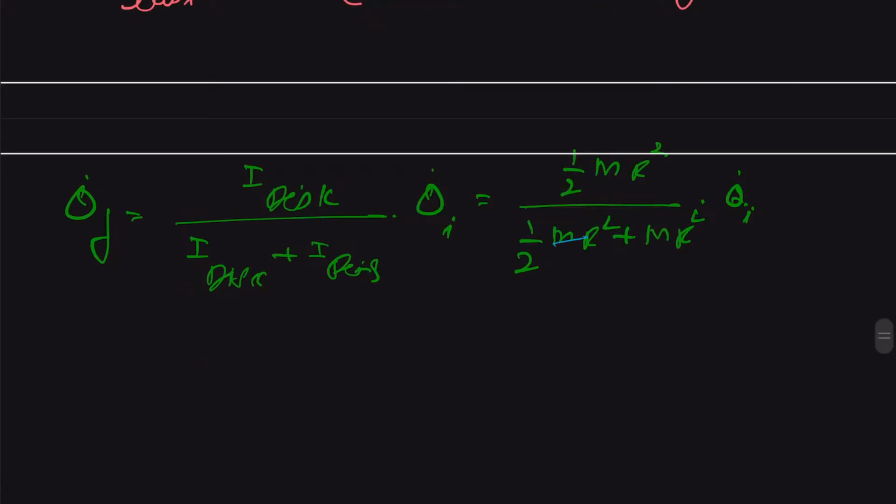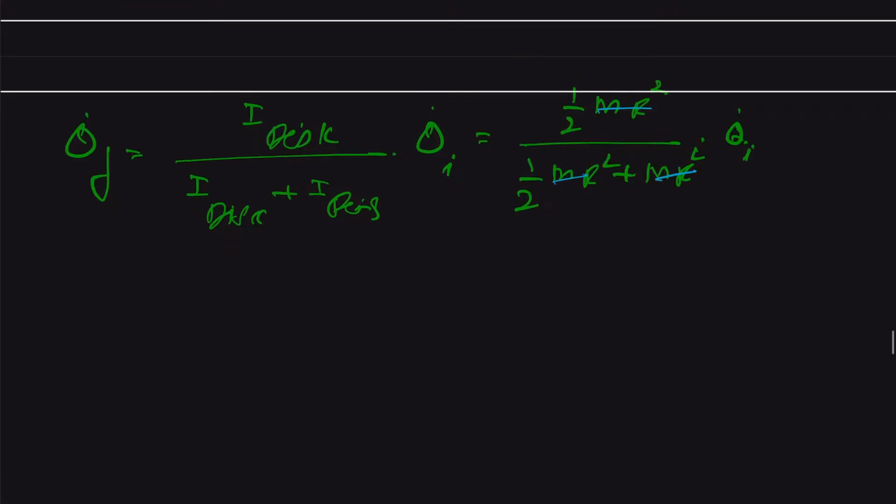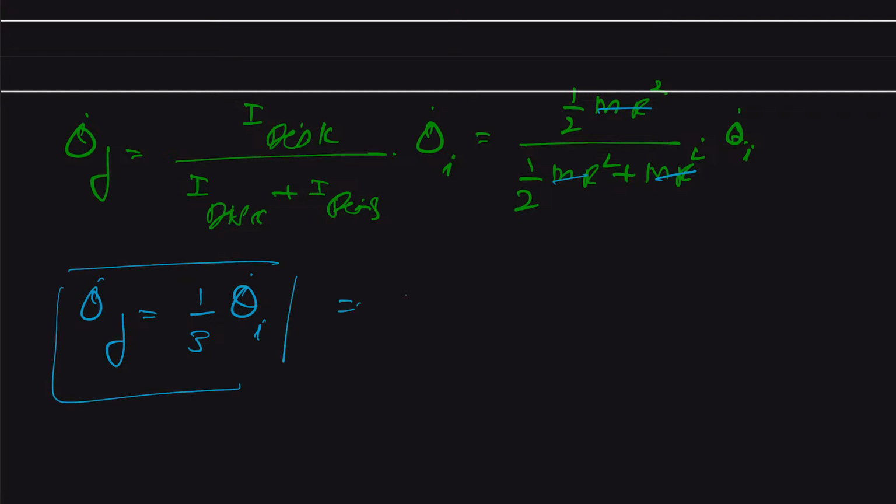And this MR square cancels out, and 2 will be LCM, so this will be coming as 1 by 3. Therefore we get theta prime final equal to 1 by 3 theta prime initial, or we can say omega final is equal to 1 by 3 omega initial.